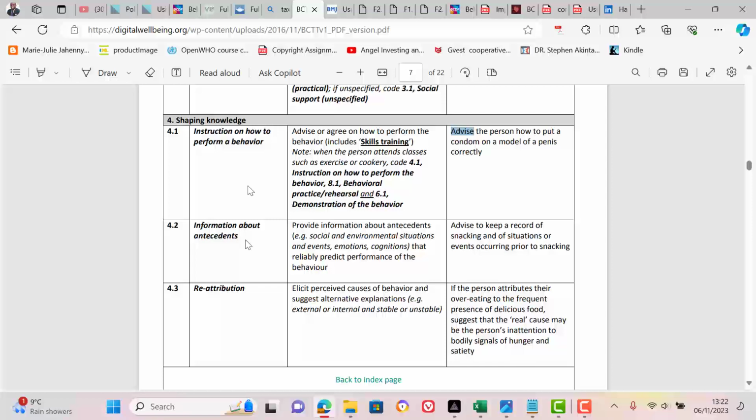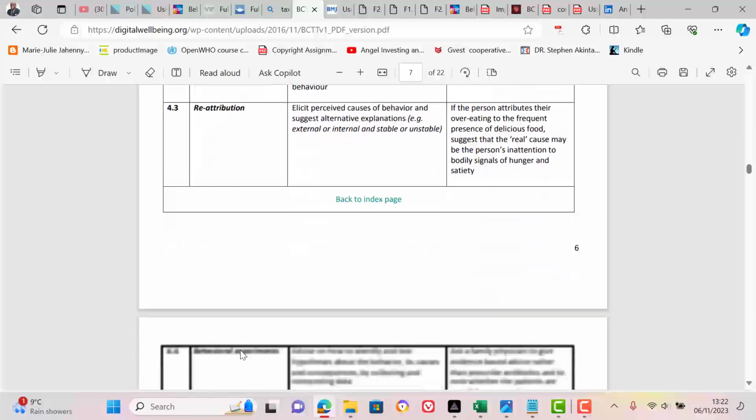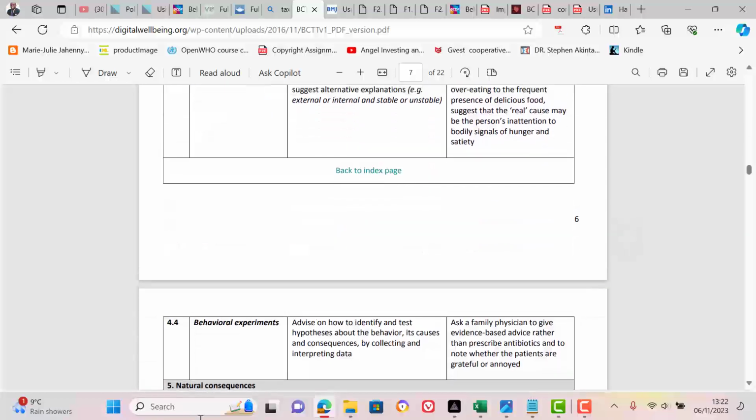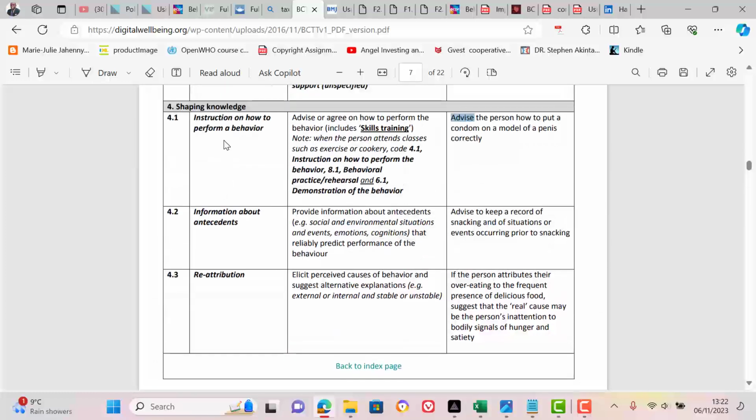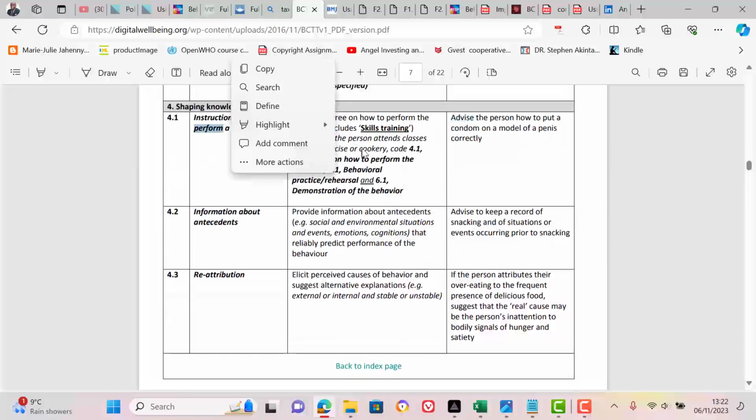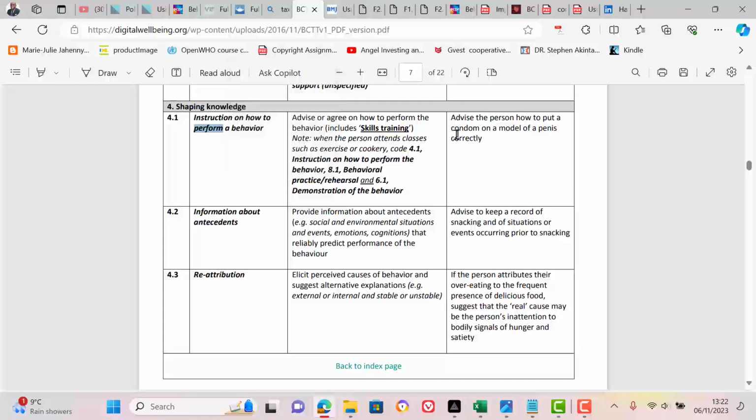Okay, so among all these four steps, which one can I do? I cannot do a behavioral experiment, but I can do instruction. So skill training. All right, so that is for shaping knowledge.